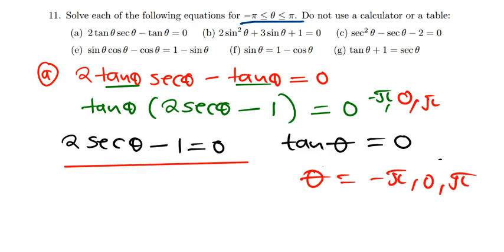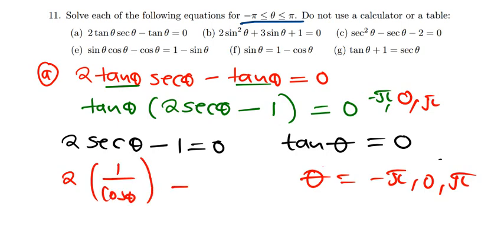How do we handle this one? In a similar manner, secant of theta, we know it's 1 over cosine of theta, and that is equal to 1 in this case. Then we've got 2 over cosine of theta being equal to 1 when we multiply by that 2.